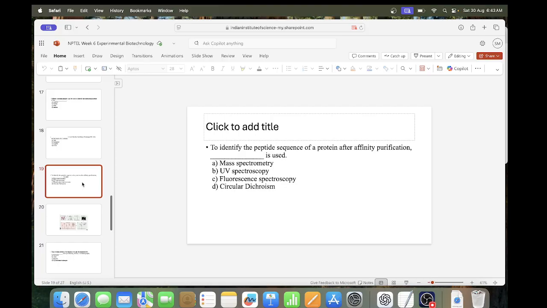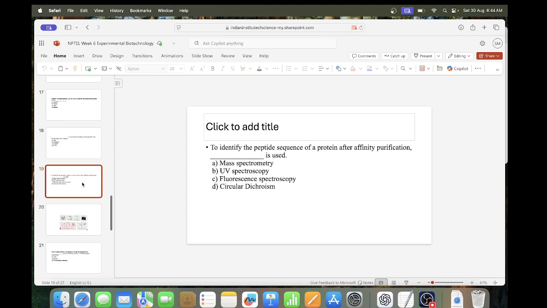Good. Whereas UV spectroscopy is now majorly used for calculating the concentration of protein. But in addition to proteins or nucleic acids, UV spectroscopy can also be used with small molecules to get their concentrations.